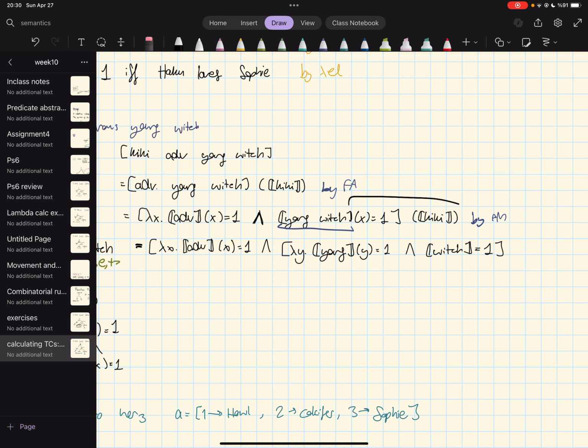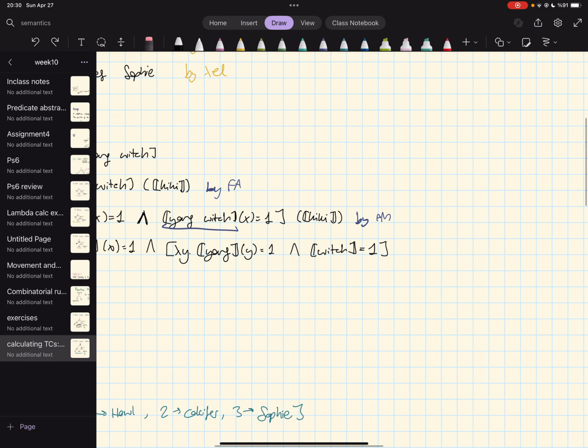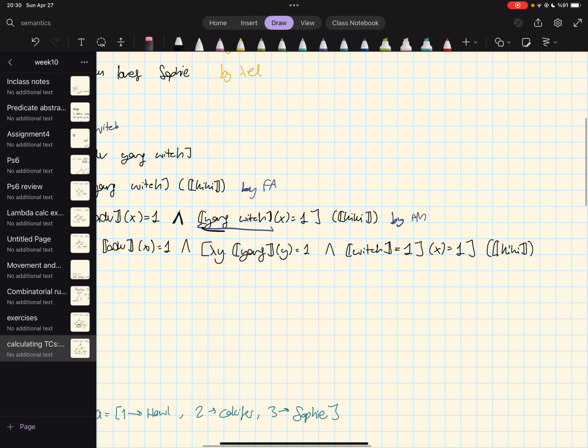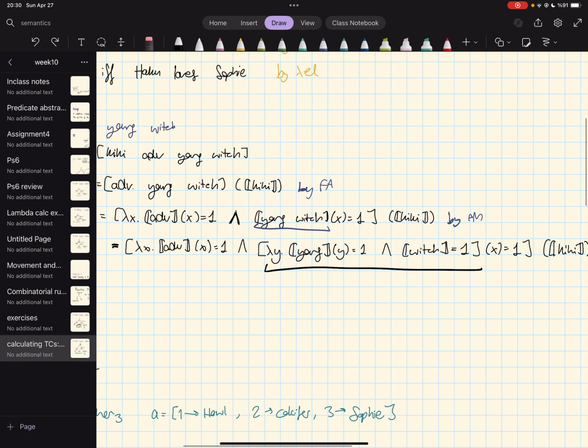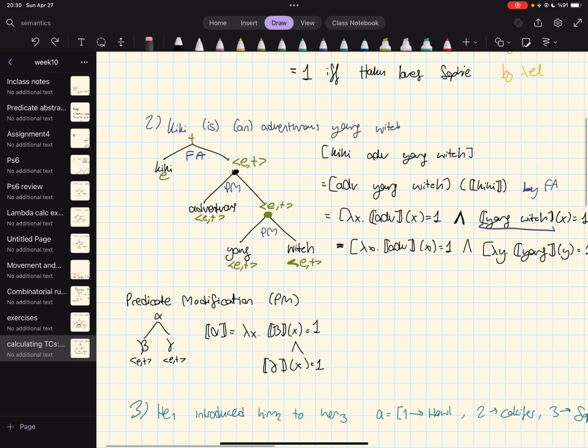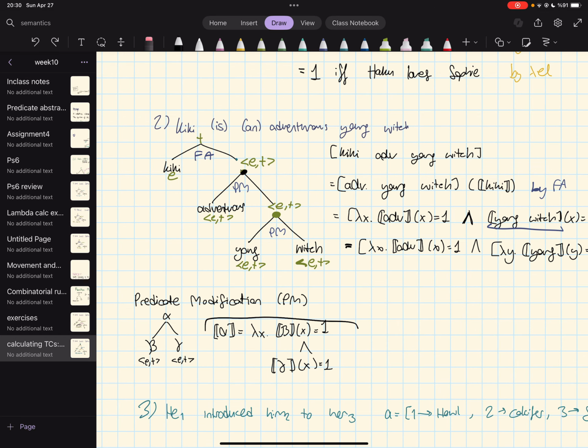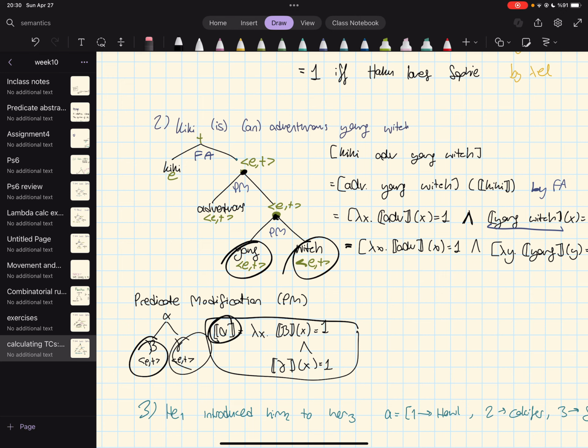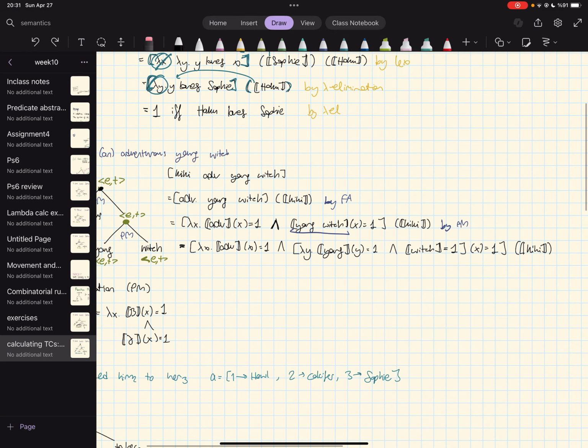Since I've written this part, I have to write down the remaining bit as well, which is taking x as the argument denotes 1, and then I have the argument Kiki. So what I did for this young witch and to write it like this was to use predicate modification. I've just applied this formula to express this node as the α, and this bit as the β, this bit as the θ, and I used predicate modification basically.